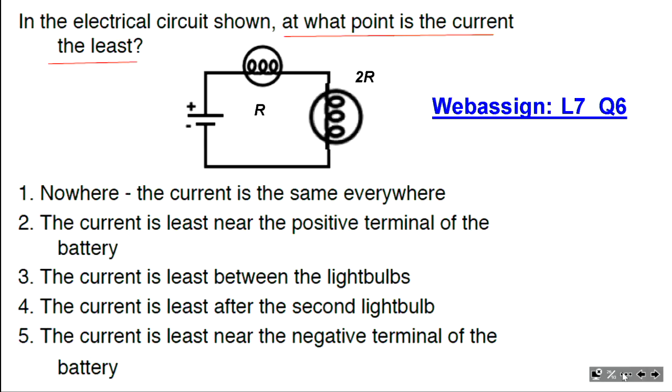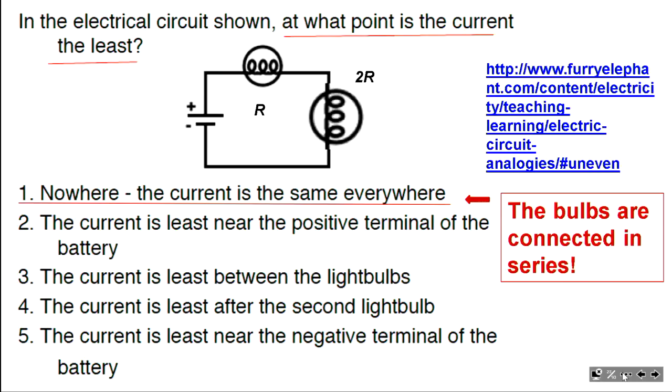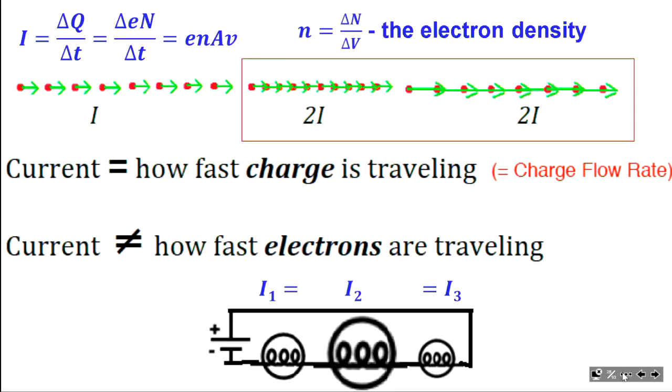So it doesn't really matter how many elements and what elements we have connected in series. Electric current has to be the same. And again, electric current is basically the charge flow rate.